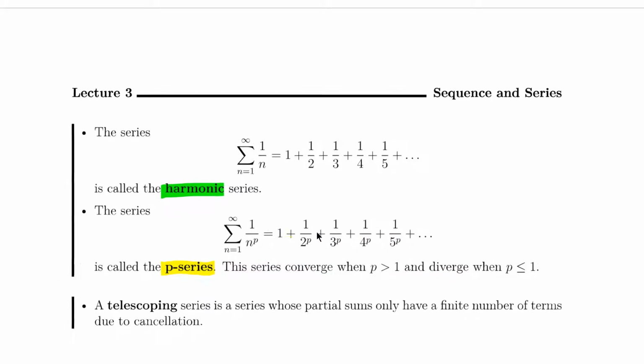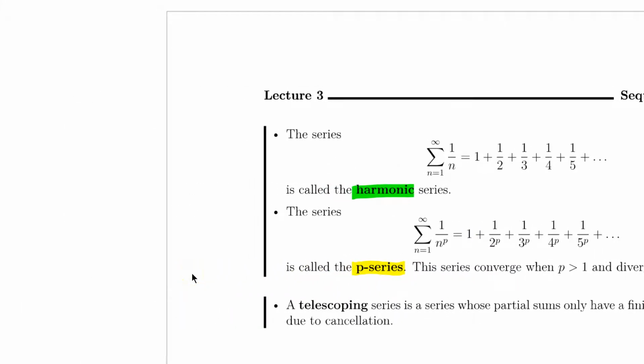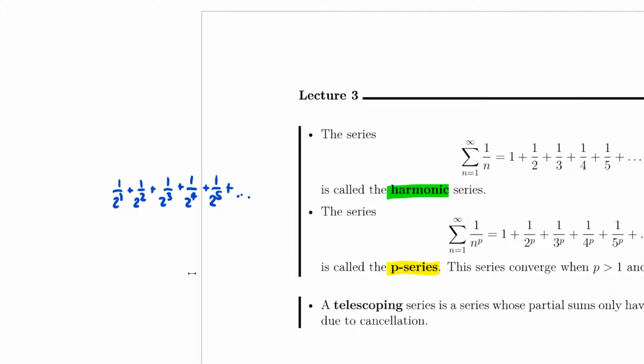Now notice that this p-series is going to differ from the geometric series that we have seen earlier, in that the variable is going to be in a different place. For example, if I have the sum of 1 over 2 to the 1 plus 1 over 2 to the 2 plus 1 over 2 to the 3, 2 to the 4, 2 to the 5, and so on, this is going to be a geometric series.